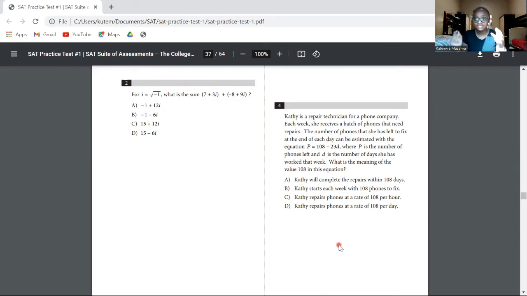So if the day hasn't started, if you have 0 days, it means that she starts out with 108 phones. That's the initial. So that would be option B: Kathy starts each week with 108 phones to fix. I hope that's clear how we applied our y-intercept being our initial.